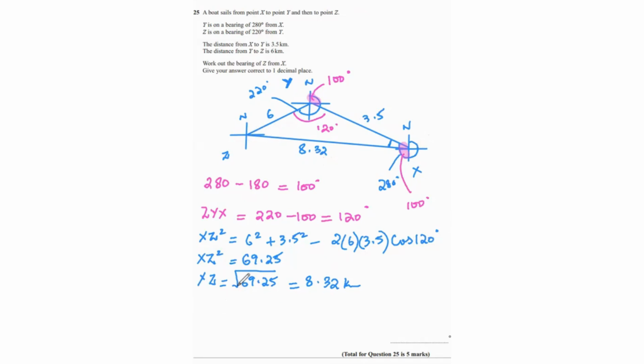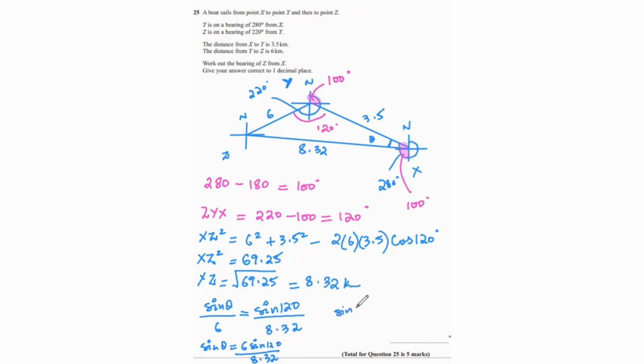So the sine rule is going to be, let's call this theta. Sine theta over 6 equals sine of 120 divided by 8.32. So it's going to be sine theta equals 6 times sine 120 divided by 8.32.